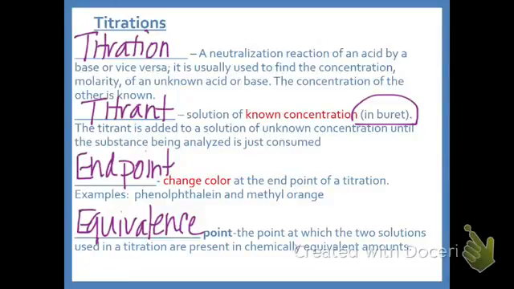And when I mean slightly, I mean half a mil, 0.1 mil, just enough to make it change colors. So it's an easier process, it's much faster, and it doesn't make a huge difference in our calculation. But please know that the endpoint is slightly different than the equivalence point. The endpoint's just where the color change happened.